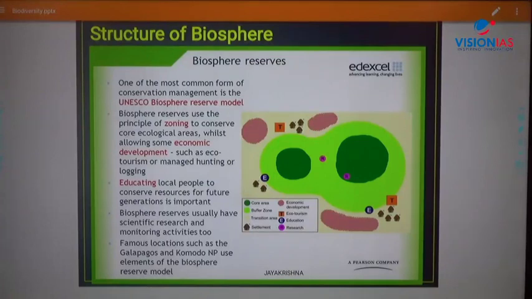The forest officials and the research people can just monitor and collect some specimens for the research activities.